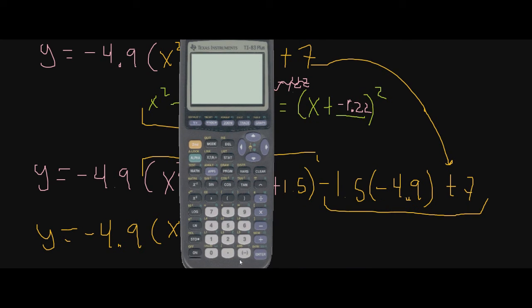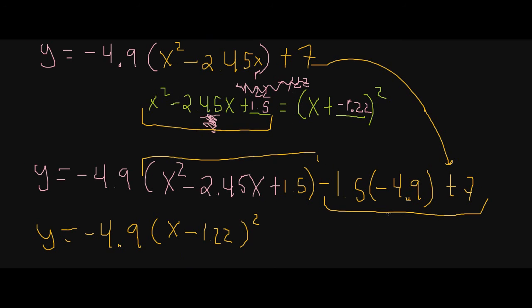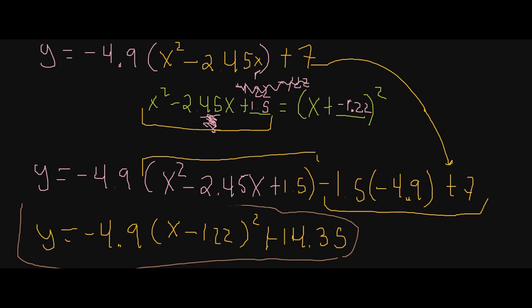We have negative 1.5 times negative 4.9, plus 7, right? And that's going to be 14.35. So plus 14.35. And that's it. We're done. We have solved this problem. It is now in vertex form, right? A very challenging problem because we're dealing with decimals and it's not going to be super perfect, but this is a very exact estimate of what it would be.